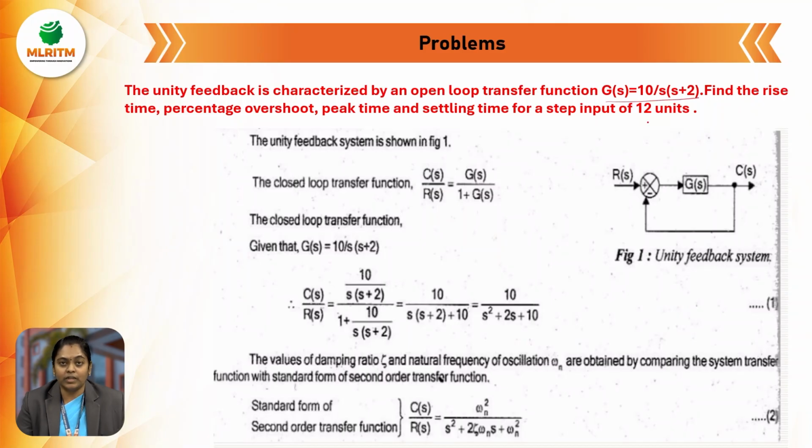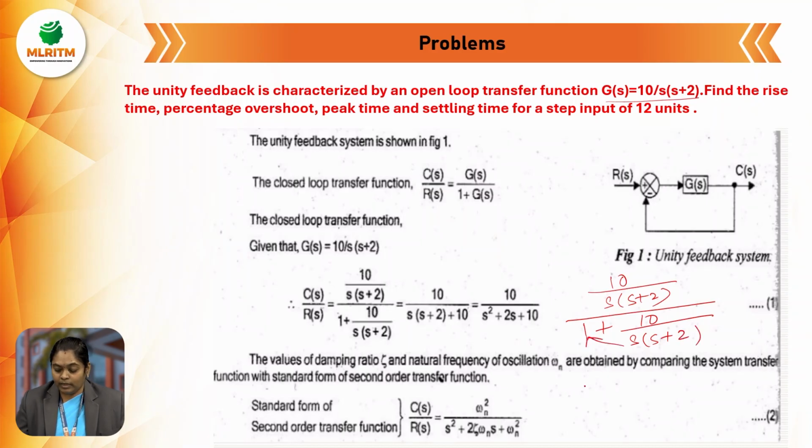The first step is to find the closed loop transfer function. As we have a unity feedback system, it is 10 by s into s plus 2, divided by 1 plus 10 by s into s plus 2. If you simplify this, you'll get 10 by s square plus 2s plus 10.